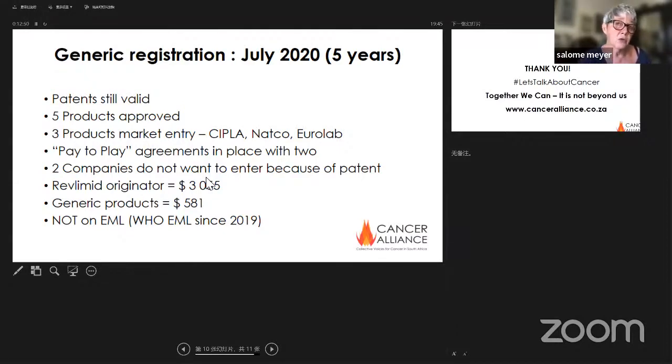And before I close off, I also want to mention that medicines such as Keytruda, and I'm using the very specific originator name, remain and will remain, for a very long time, not available in South Africa, and are only available to a very select few people in the private sector.